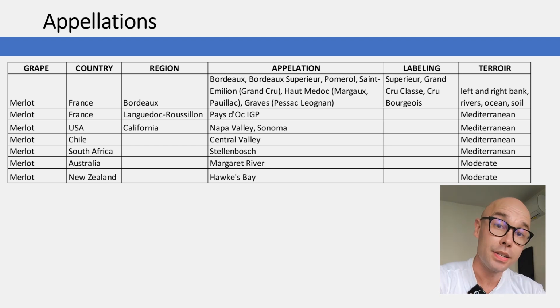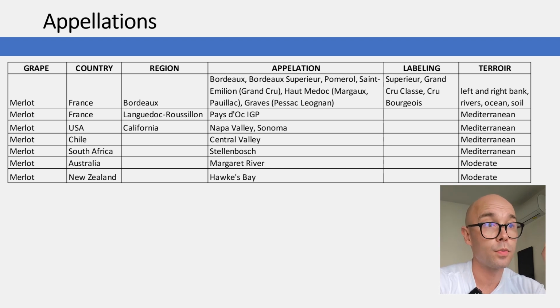Next to the appellation, something that will help you to determine the quality of the wine is additional labeling terms. In Bordeaux, Supérieur, Grand Cru, Classé, and Cru Bourgeois are labeling terms that indicate higher quality wines.